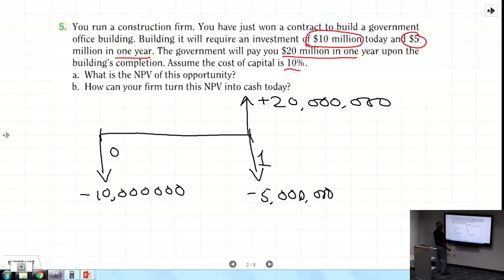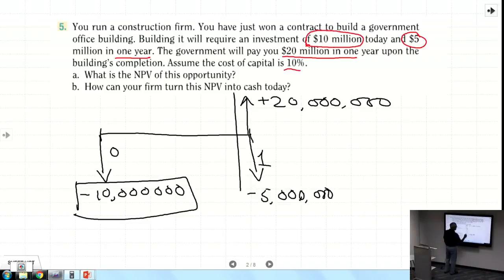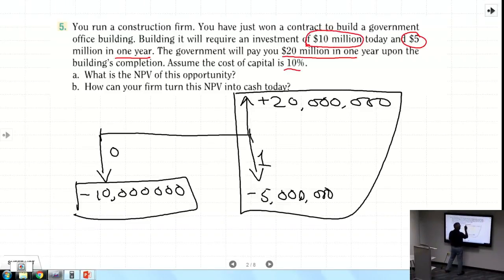So your net present value would be essentially minus this plus the net of this. So net present value. So your net cash flow a year from now is going to be 15 million.